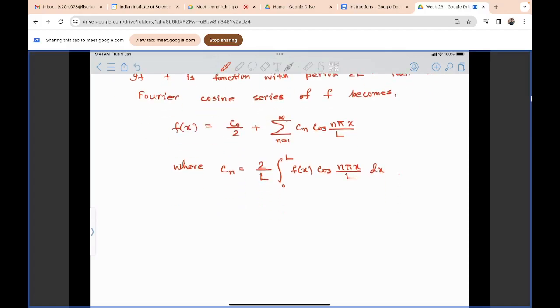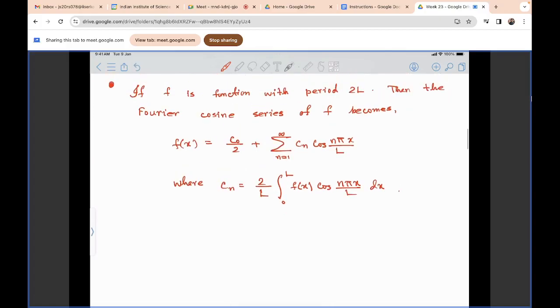So if f is written in terms of a Fourier cosine series like this, then the coefficients c_n are given by this formula. We will use this formula to find the coefficients.